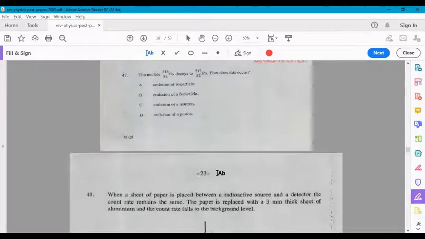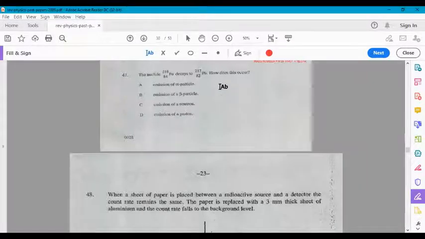Number 47. The nuclide polonium decays to lead. How does this occur? Well, if we look at the differences in the mass number and the atomic number, we can tell which type of decay occurred.